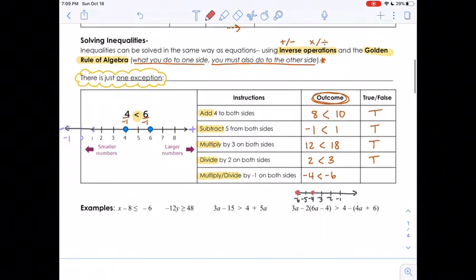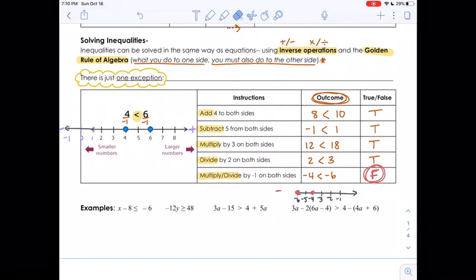So actually, negative 6 is less than. Yes, I understand 6 is a bigger number, but negative 6 is further negative. It's less than negative 4. So this is actually not true. This is false. So we have an issue here. If we're multiplying or dividing by a negative 1, we got a false statement.